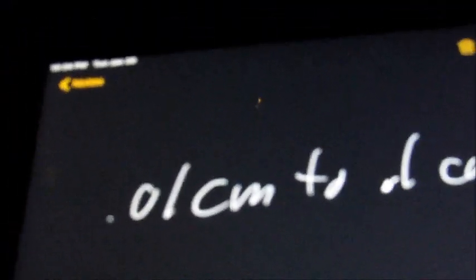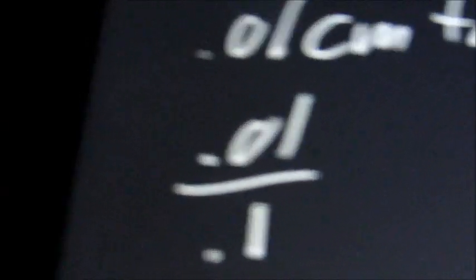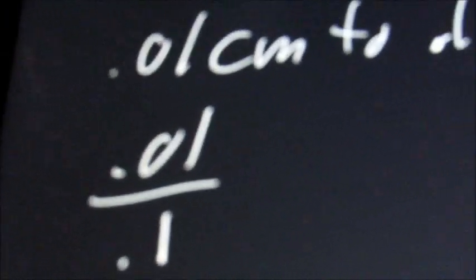0.01 centimeters to 0.1 centimeters. And here you'll do the same thing, 0.01 over 0.1, but we don't want any decimals. So what we have to do is move all the decimals over so that we don't have any digits past the decimal. Here we have to move it over 2 spaces.